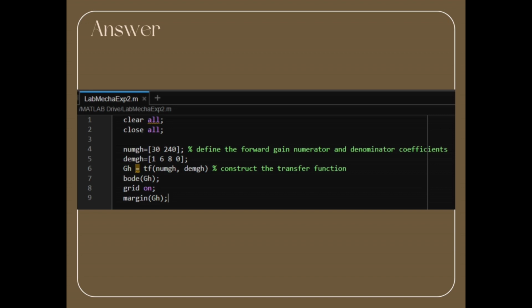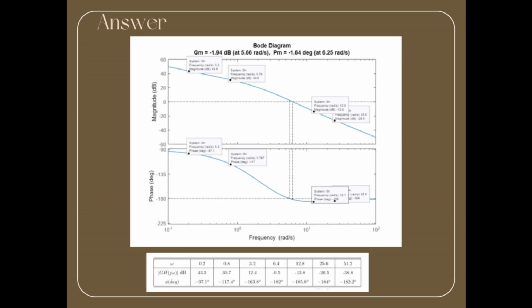So this is the new equation obtained, and then I need to plot the Bode plot in MATLAB by giving the instructions bode(GH) and margin(GH). The graph obtained is as in this picture above.